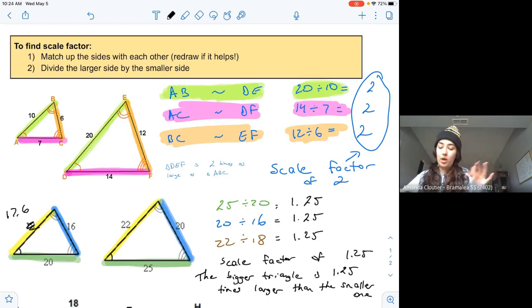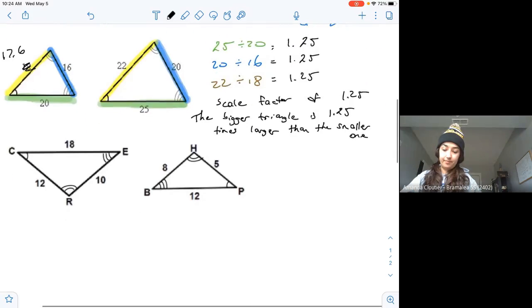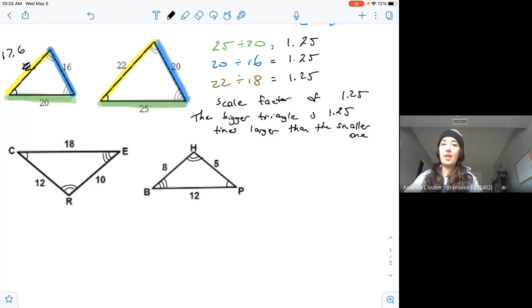Okay, we're gonna do one more where I've spun it around on you. So we have two triangles. They're similar triangles. However, the problem is that they have been spun around. So I'm going to go back to the advice that I gave you at the beginning-ish of this lesson.